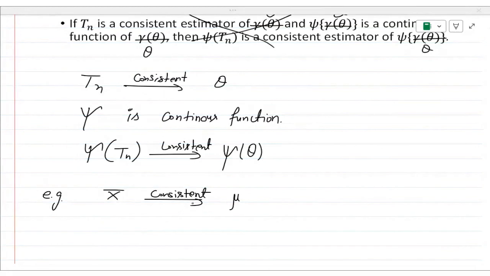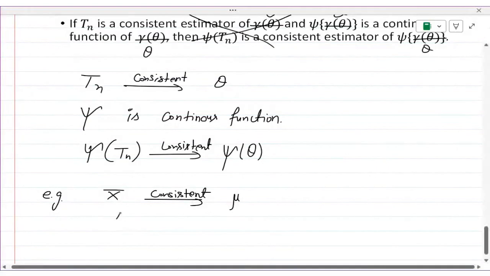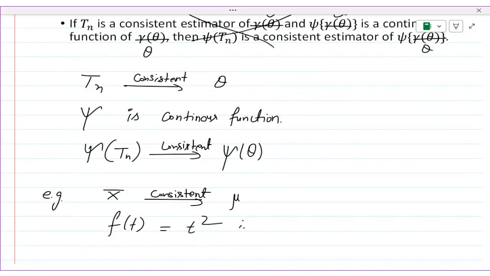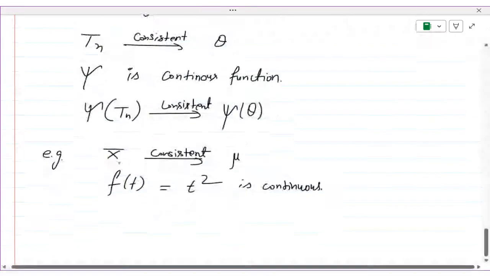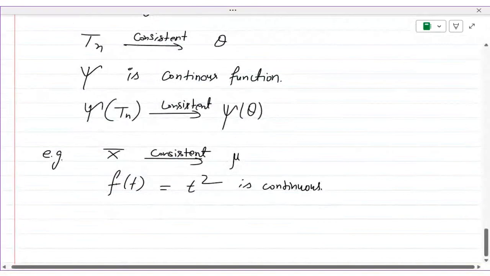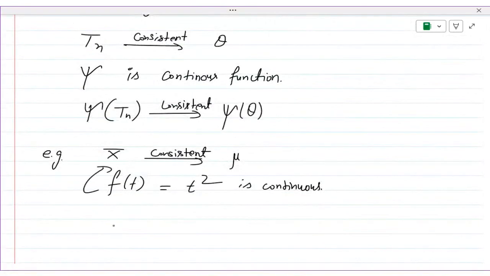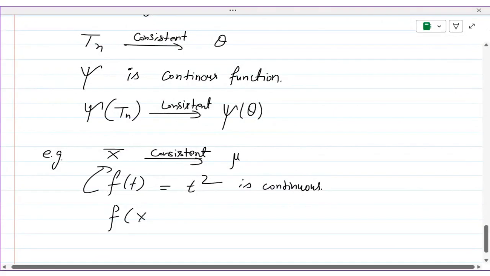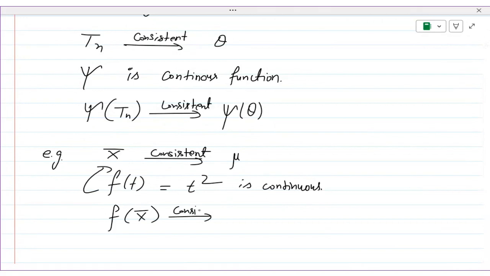And if I take this function f of t equal to t square, being a polynomial, this is a continuous function. So if we have a continuous function, then we can apply this function f on both sides. So f of x bar will be consistent for f of mu.